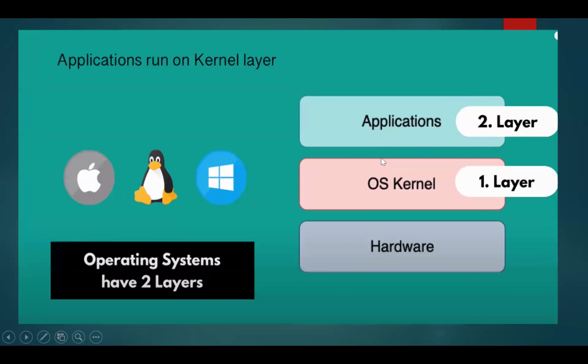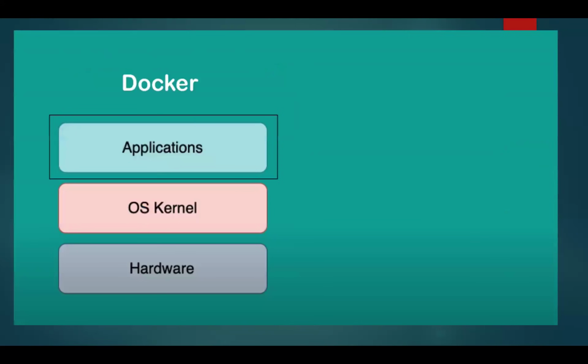See, your application wants to talk to your hardware. That's the main purpose. In between the software talking to the hardware, the kernel comes into the picture. If you do not have a kernel, you won't be able to communicate with the other servers or other services. Understood? Yes.